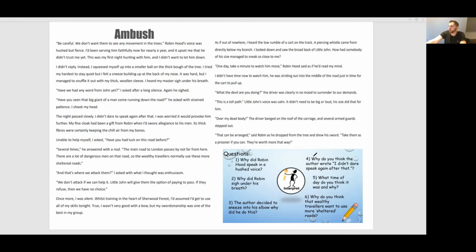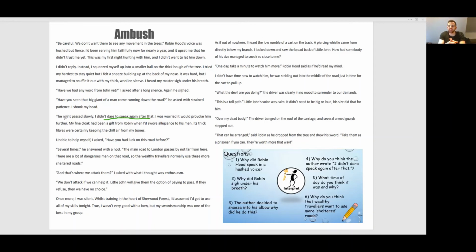Number 4, why do you think the author wrote, I didn't dare speak again after that? Okay, the night passed slowly. I didn't dare speak again after that. I was worried it would provoke him further. Again, we know that Robin Hood, his master, has sighed twice already.